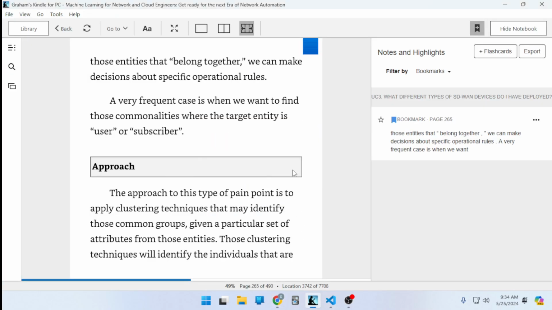All right, so the approach. The approach to this type of pain point is to apply clustering techniques that may identify those common groups given a particular set of attributes from those entries.